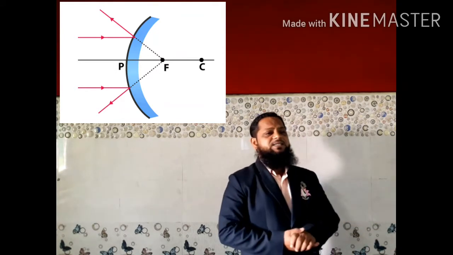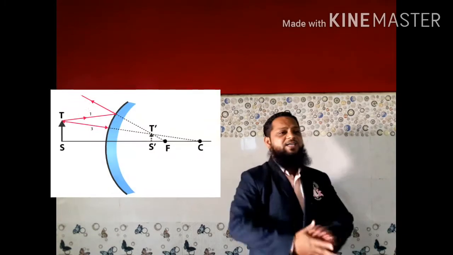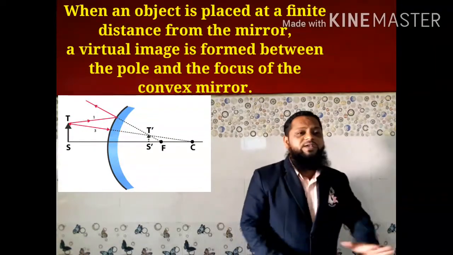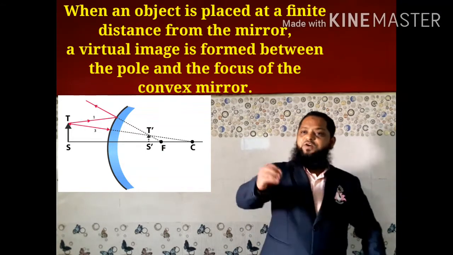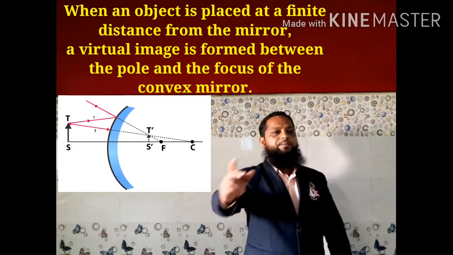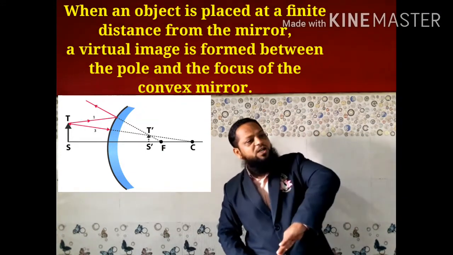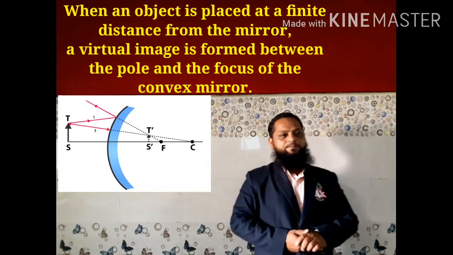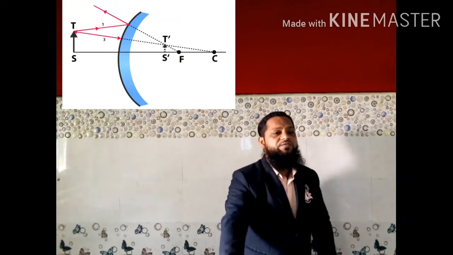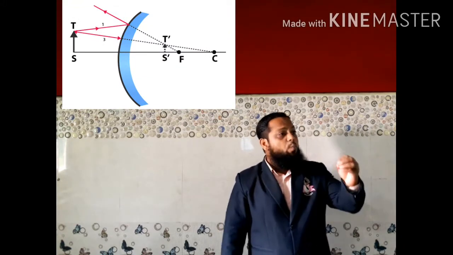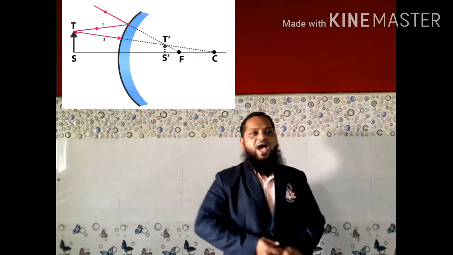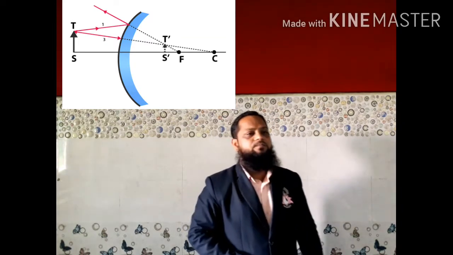Second thing is that when an object is placed at a finite distance from the convex mirror, a virtual image is formed between the pole and focus of the convex mirror. The size of the image is smaller than the object, as shown in the figure.